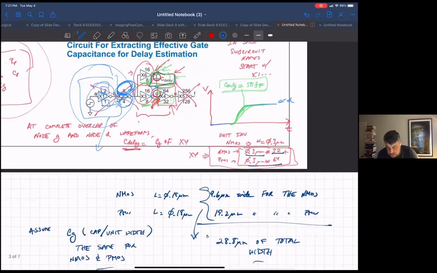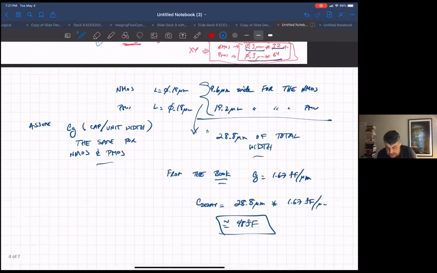The actual thing you're trying to do is exactly backwards from the way I did it. You play around with C delay, get some number, divide it by this number, the 28.8, and find what this should be. That's the problem you're trying to solve in problem 2.